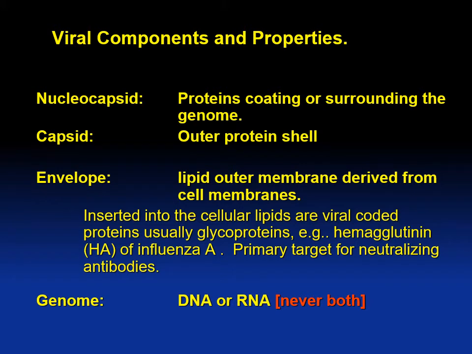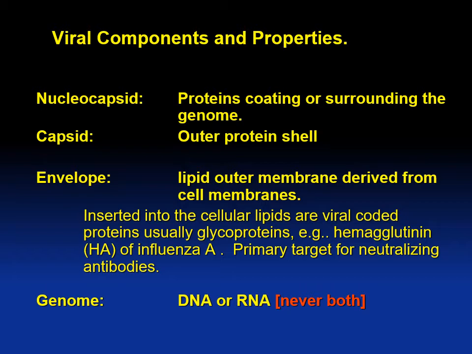Now, as I said earlier, the viral components are made of different components such as the nucleocapsid, which is the protein coating or surrounding the genome. The genome is the nucleic acid. So there's a protein which surrounds the genome. And the capsid usually is the outer protein shell. We said that the envelope is the lipid outer membrane, which is usually derived from the cell membranes.